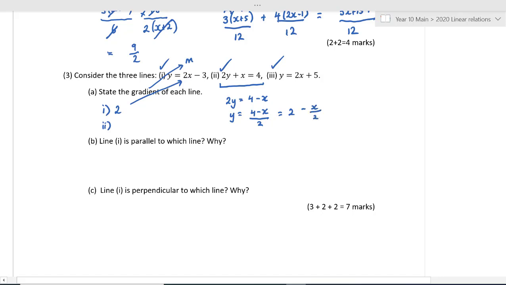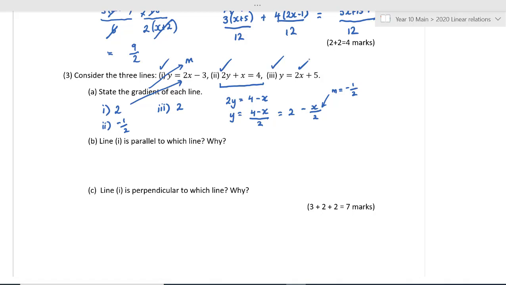And notice, what's the gradient of x here? The gradient's the thing in front of x. Well, the gradient would be equal to -1/2. Okay, so the gradient for line 2 is, we had to do a bit of rearranging, but it's negative 1/2. That's the number in front of x. And of course, for line 3, we know that the gradient there is 2. Okay, there's my gradient. Line 1 is parallel to which line?